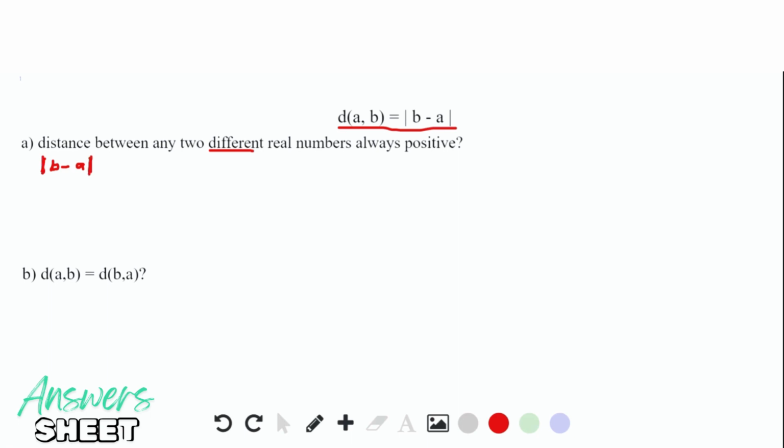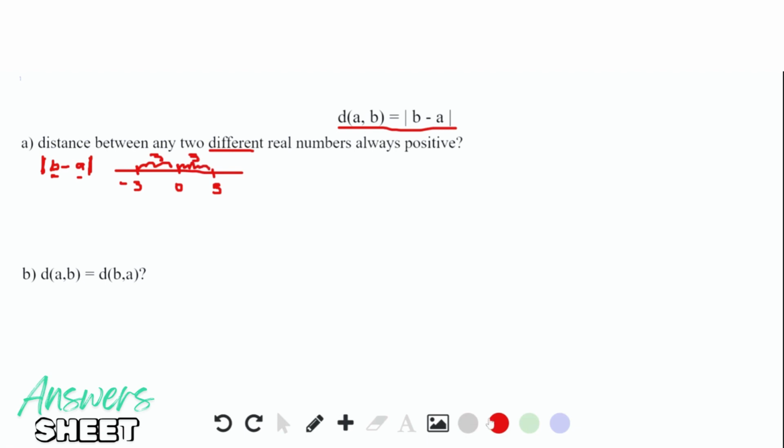And we talked about absolute value as the distance between two numbers on a number line. So say here's our 0, and we had the number 5 and the number -3. So the absolute value of these two numbers, which is the same thing as saying the absolute value of b minus a, is going to be 1, 2, 3, so 3 on this side, plus our 1, 2, 3, 4, 5 on this side.